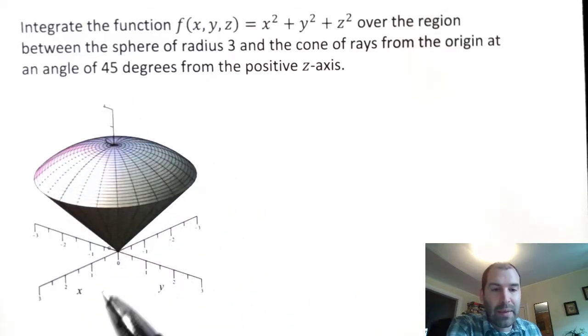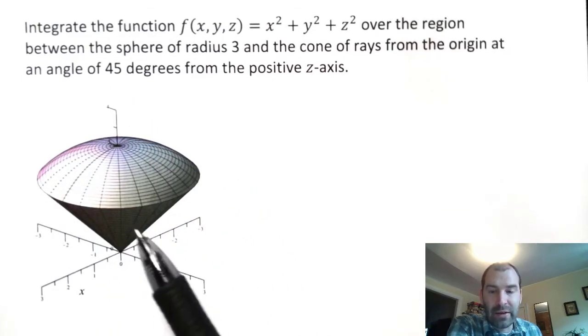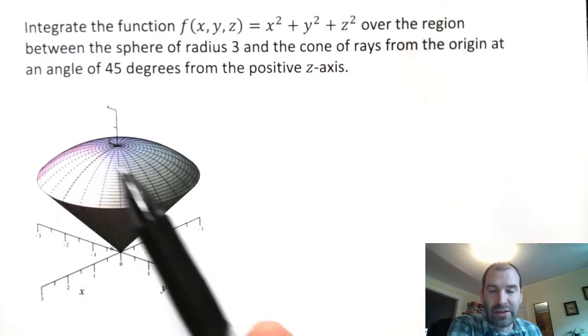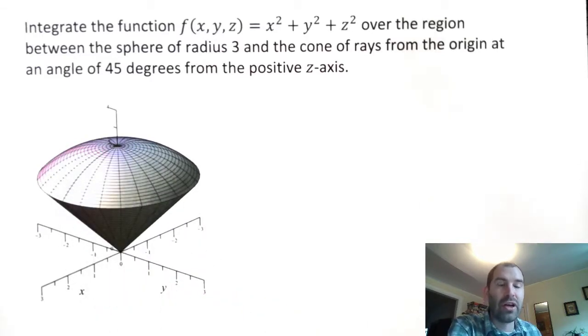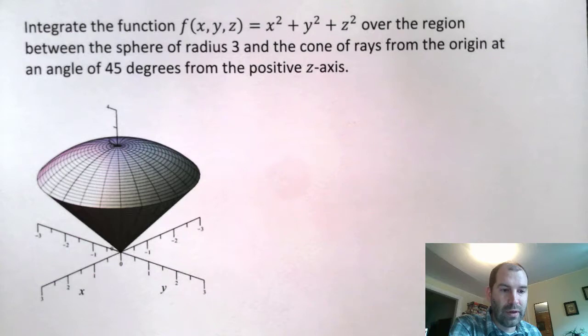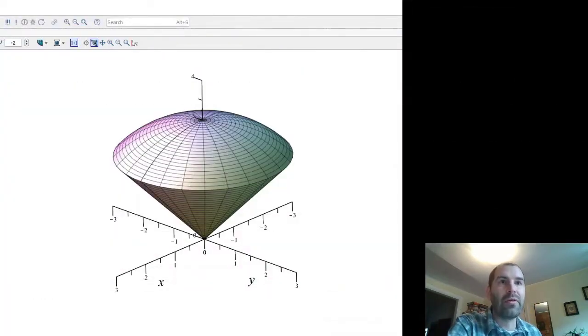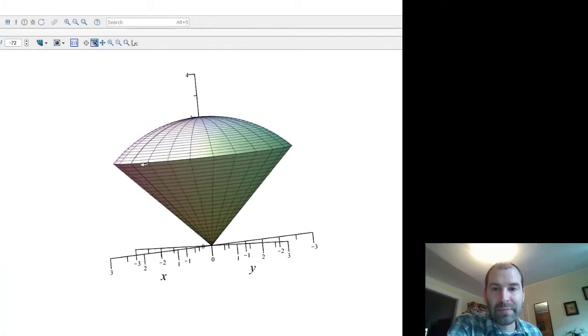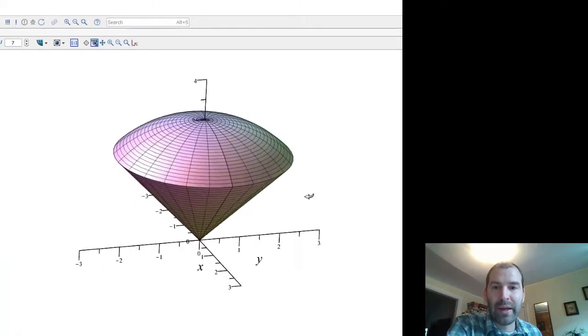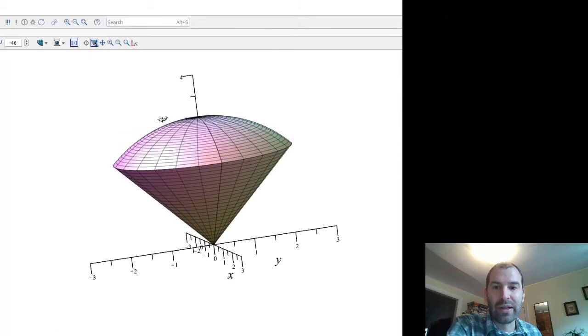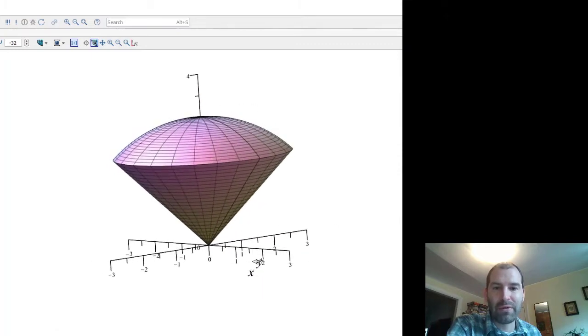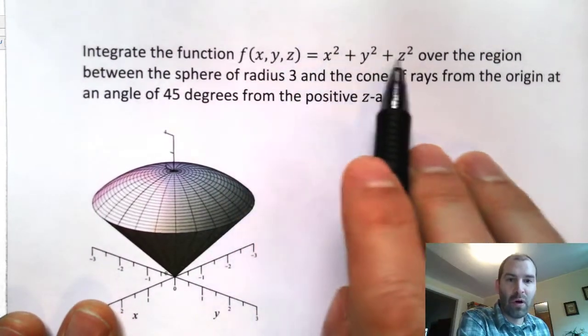And if you look at the region between that cone of rays and that sphere, we have this shape over here. Just to give you a better idea of what that looks like, I've got it in 3D over here, and you can see the cone at the bottom and the spherical cap at the top. We want to integrate this function over that region.